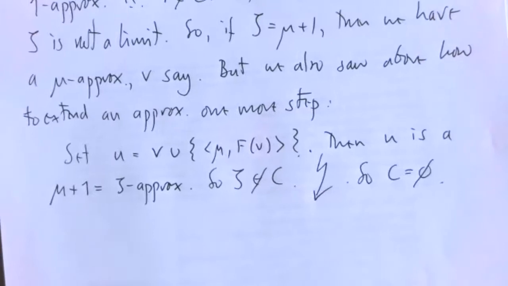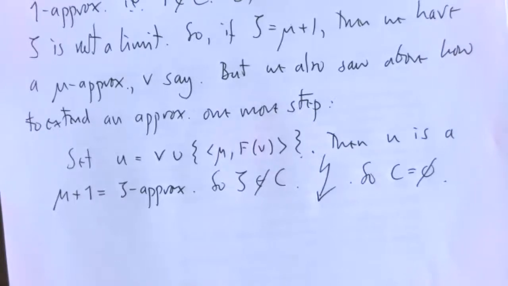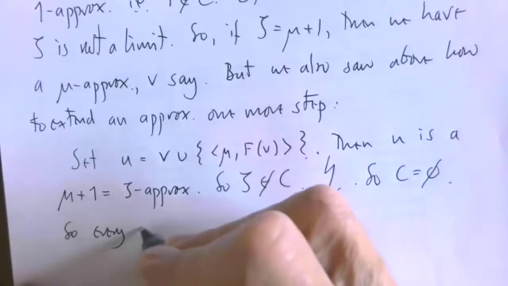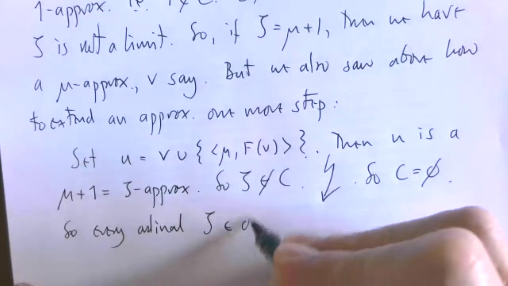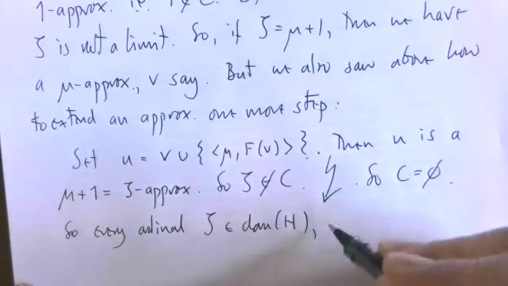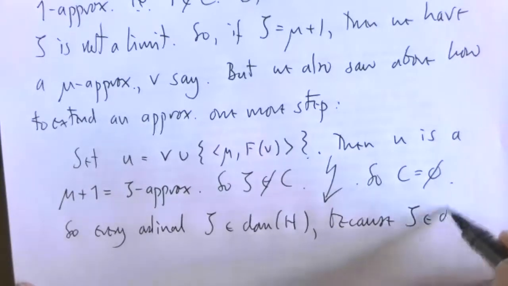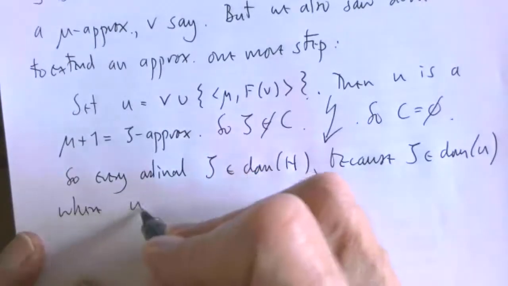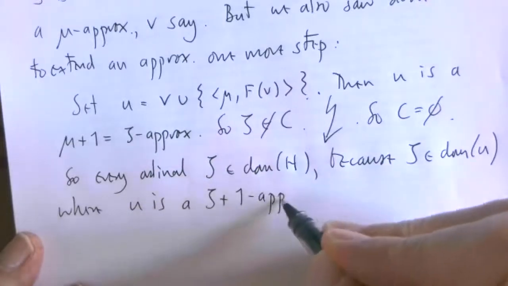So C is empty, and this means every ordinal is in the domain of H because it's in the domain of some approximation. Every ordinal zeta is in the domain of H because zeta is in the domain of U, where U is a zeta plus 1 approximation.